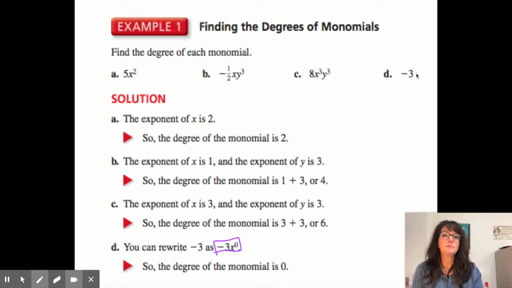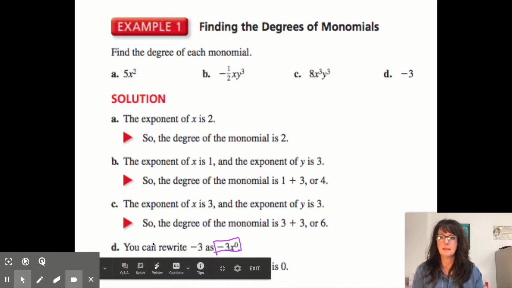So it has an implied exponent of 0, and remember, anything raised to the 0 power is equal to 1, so it's like negative 3 times 1. But that's why the exponent of the imaginary variable is 0. I don't know if you can even say that. Okay. Here we go.